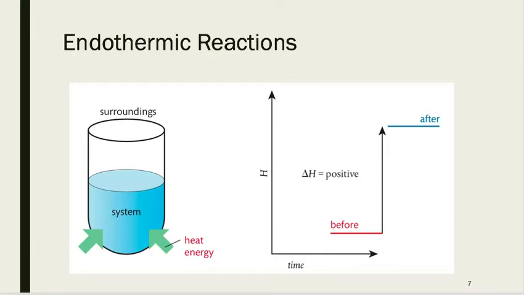And if we look at our graph of the enthalpy of a reaction over time, we see that before, our H, our enthalpy, was really low, and after it was really high. So we can see that the enthalpy, the delta H, or the change in enthalpy, is positive. Okay, it has been absorbed.